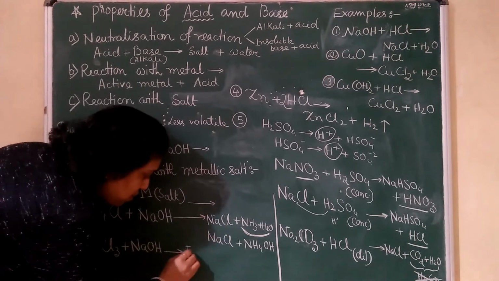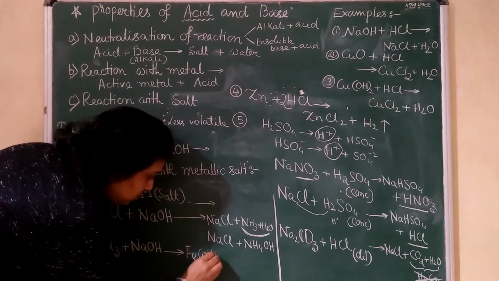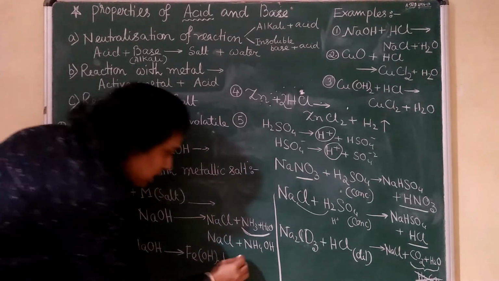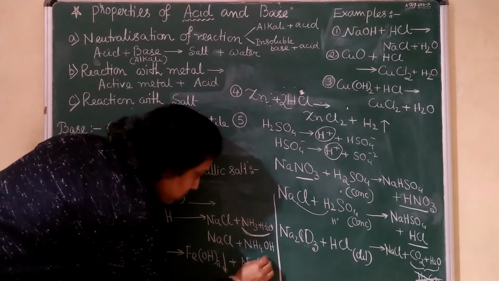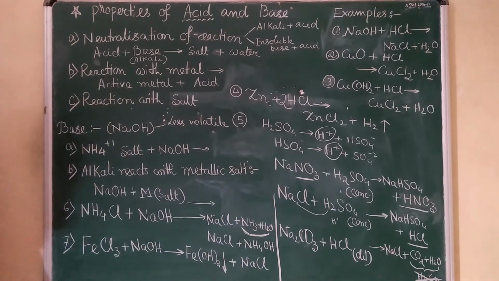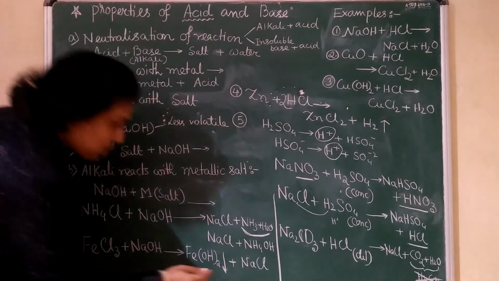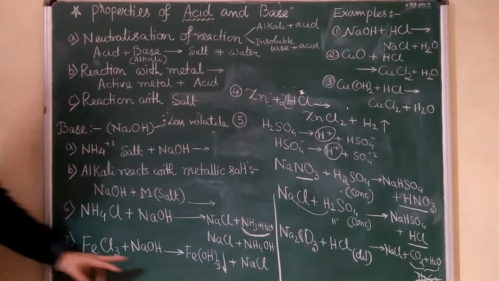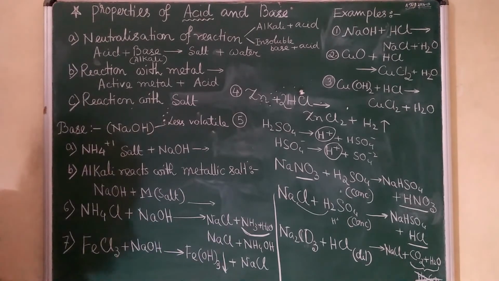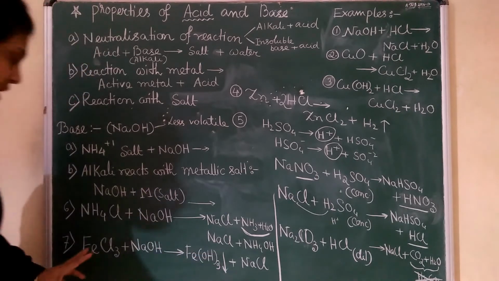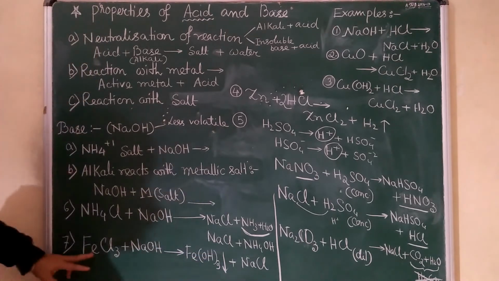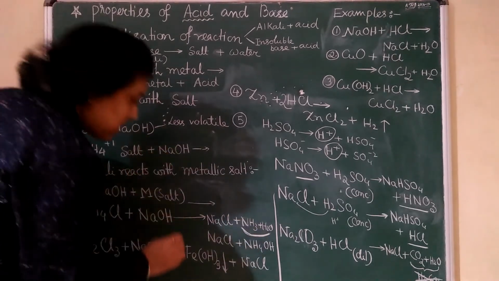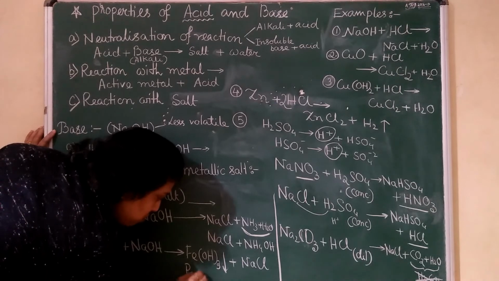It will be Fe(OH)3, which will precipitate out, and NaCl will form. This is Fe(OH)3 because Fe's oxidation state is plus 3. Any salt which is precipitated, here you can find the color also. If it is Fe plus 3 state, it is reddish brown, so it is a reddish brown PPT.